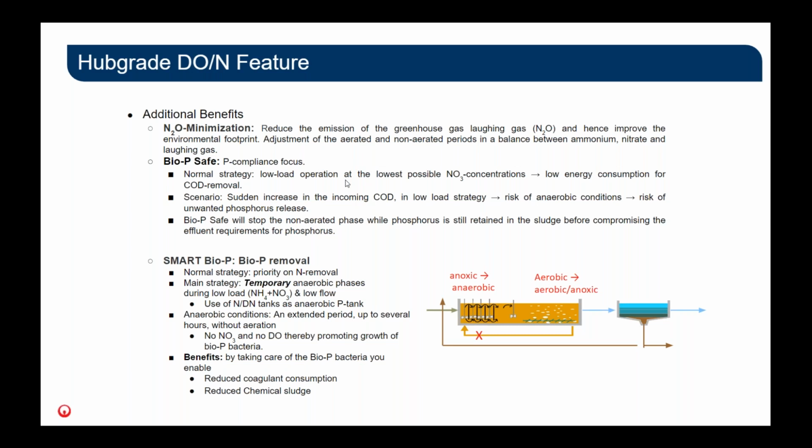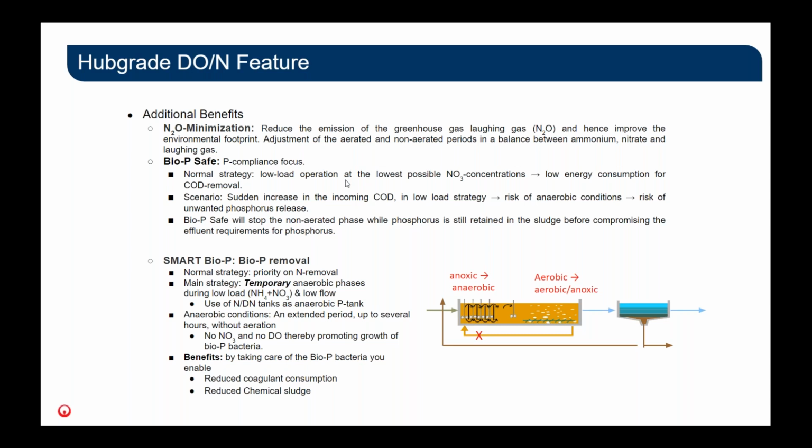Say you're thinking times overnight, any times that your plant isn't fully loaded, the more often that you could incorporate those anaerobic conditions into the process train, the more BioP bacteria you're going to be able to grow and keep in that reactor system.